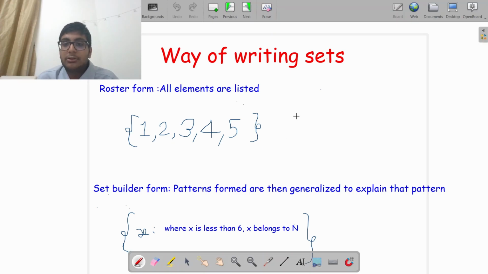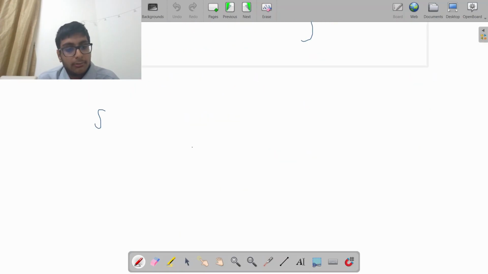So, for example, if I gave you a challenge to write all the numbers from 1 to infinity and make that set for me, so that whenever I look at it, I know you're writing it from 1 to infinity.